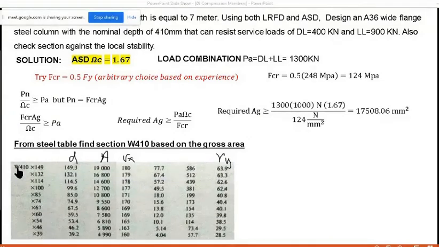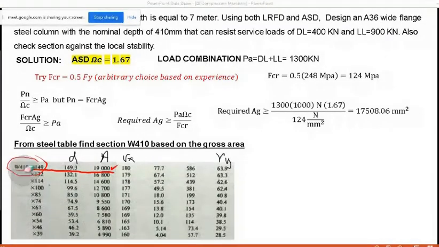Itong section. Kasi pag tinitignan natin yung area natin, that is 19,000. This is greater than ours computed dito na 17. Kasi dapat daw yung required area natin should be greater than 17,508. So ito, itry natin itong section which is 410 by 149.